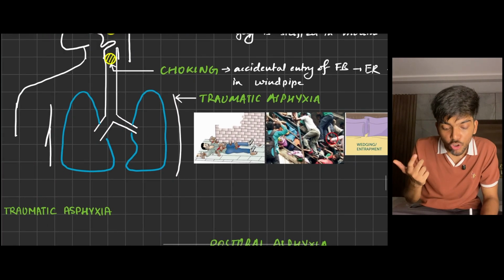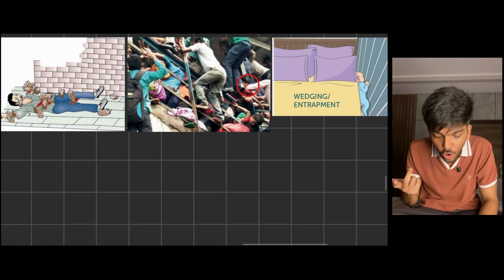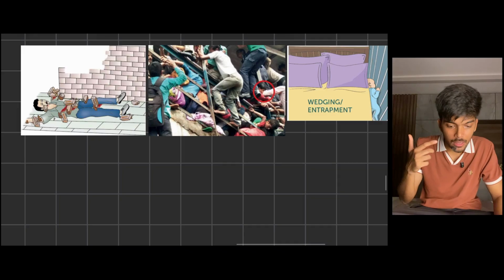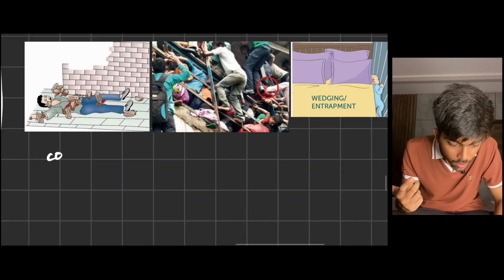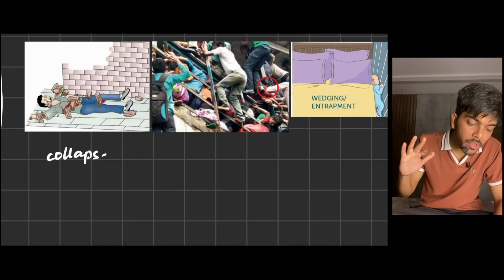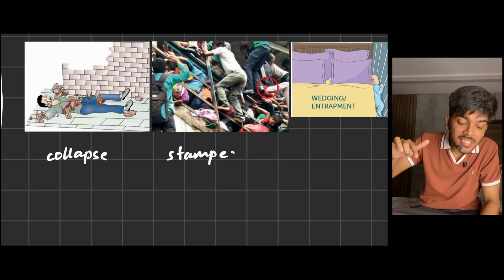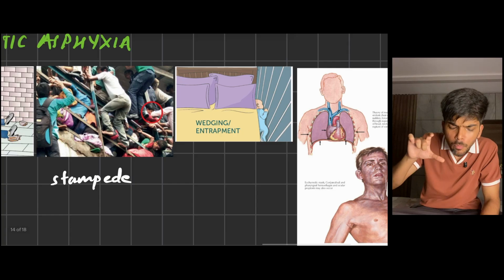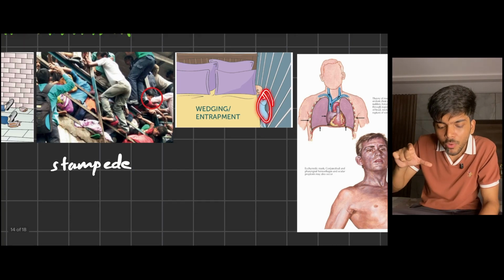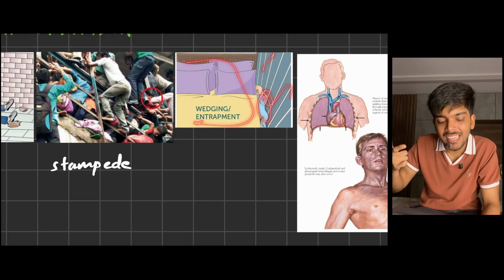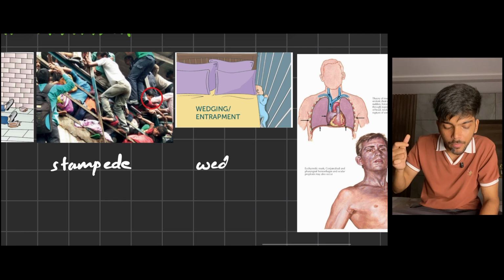Then, traumatic asphyxia. In traumatic asphyxia, what happens? Either building collapses over your body, or people run over your body like in stampede, or a small baby is entrapped in between bed and the wall accidentally, referred to as wedging.